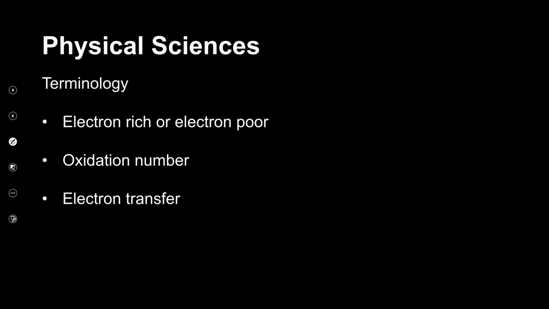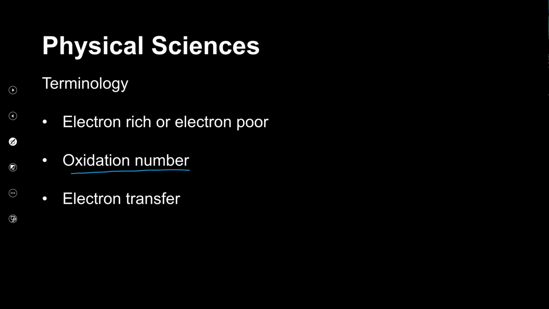Okay, some of the key terms that we will make use of for the purpose of our discussion today are the following phrases: electron rich or electron poor. So it is about the electrons, right? Then the other key term is oxidation number. We'll try and understand what oxidation number is all about, and we'll try to work through practical examples of how exactly you go about determining or assigning oxidation numbers to different elements within a compound or a polyatomic ion.